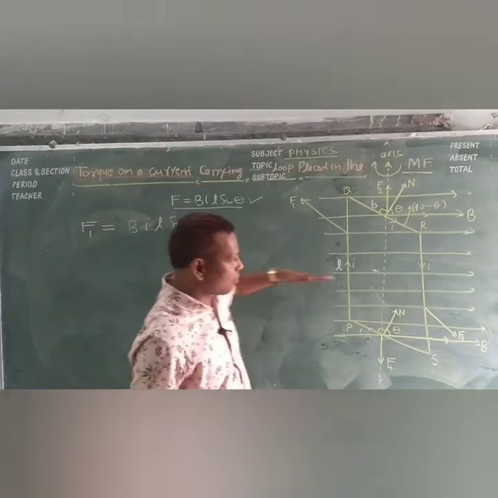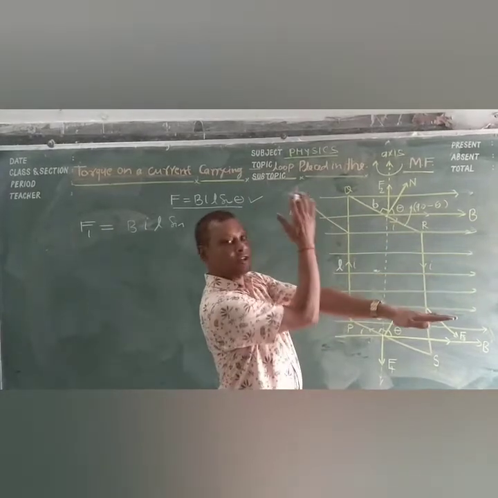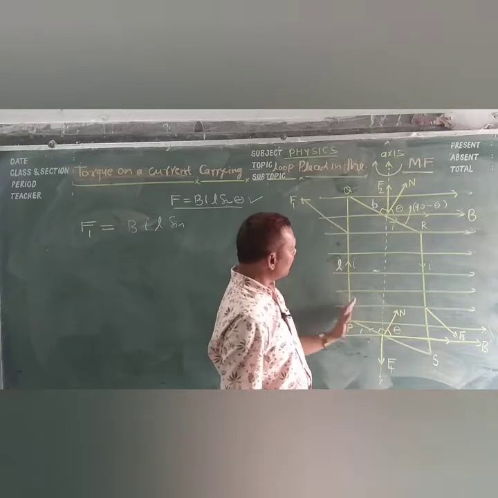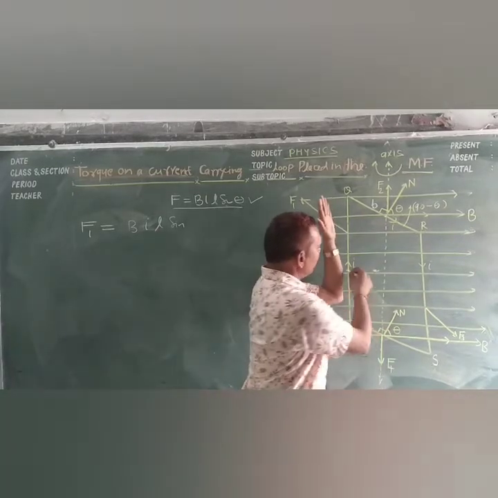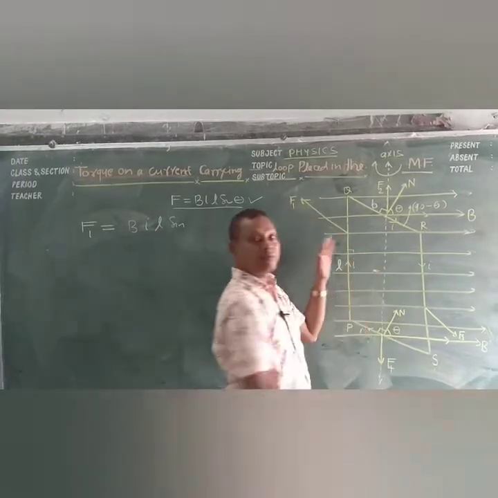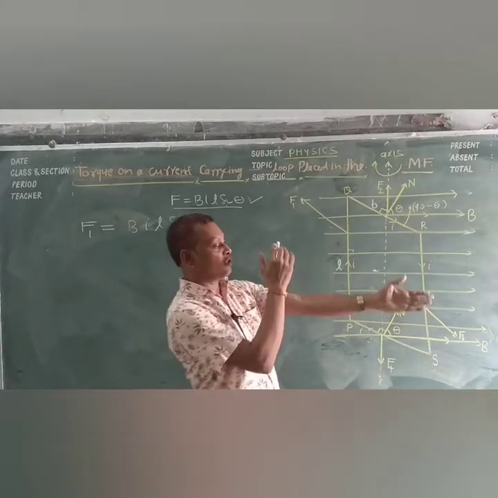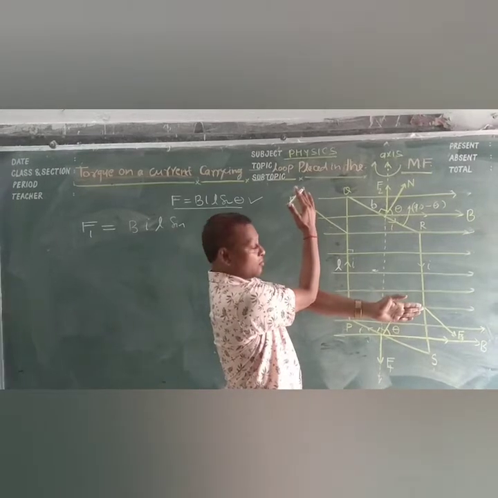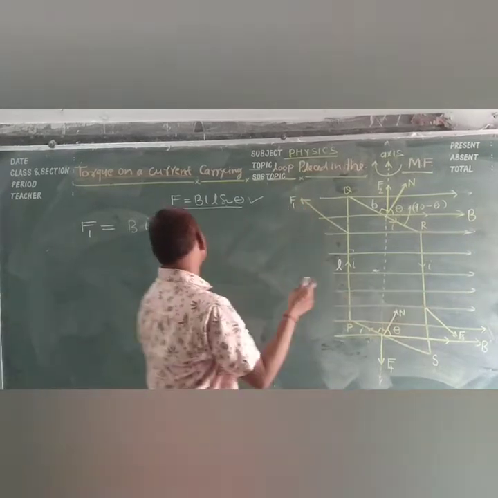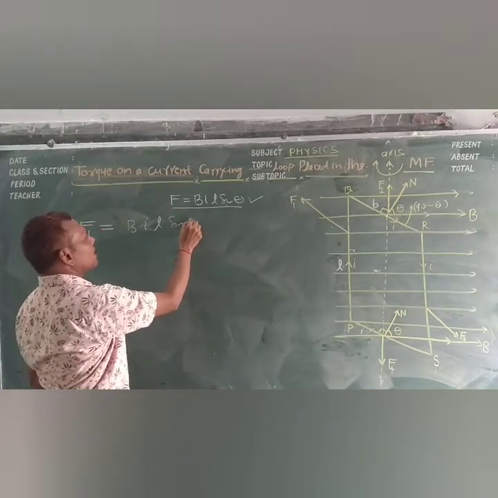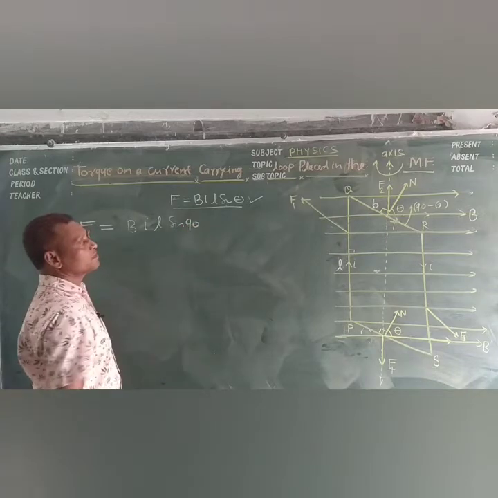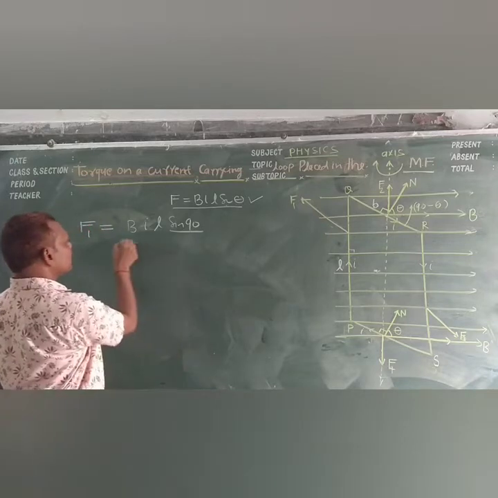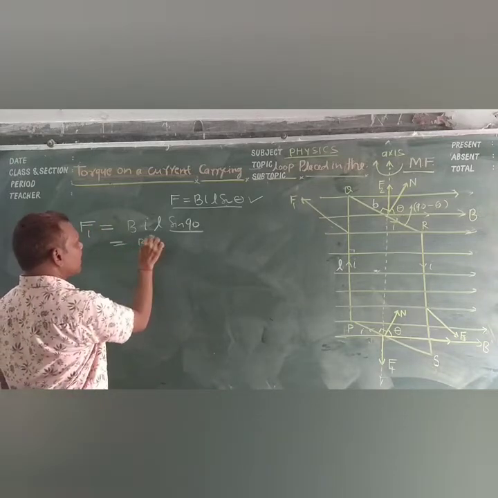Here current is horizontal and magnetic field is vertical. So the angle between current and magnetic field becomes 90 degree. So this will be BIL sin 90. The value of sin 90 is 1. So this becomes BIL.